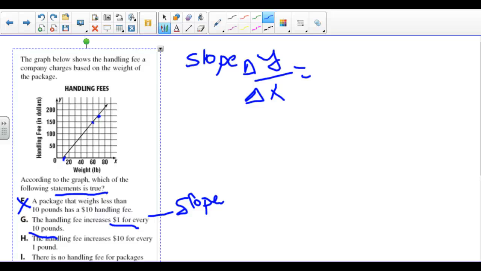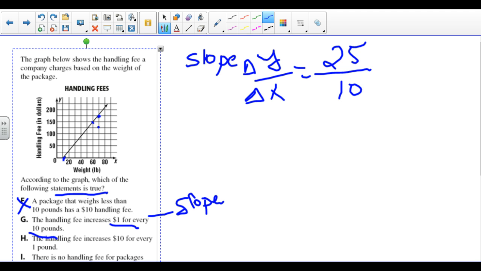So 175 minus 150 would be 25. So we can see the change is 25 over the x, which, I chose those points, so it'll be 60 and 70, so that'll be 10.